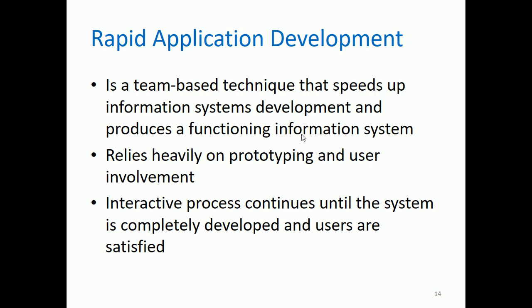So with rapid application development, as the name itself says, they are going to create a prototype and present it to the users, and ask for feedback on what features you want, what you like, or what you don't like about the prototype. Then they're going to change it again based on the users' preferences. This interactive process continues until the system is completely developed and users are satisfied.